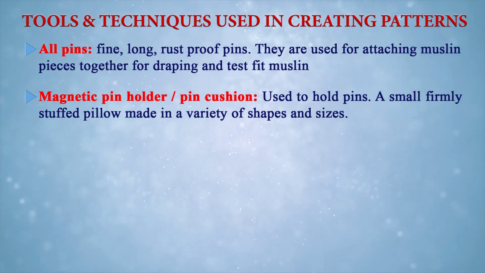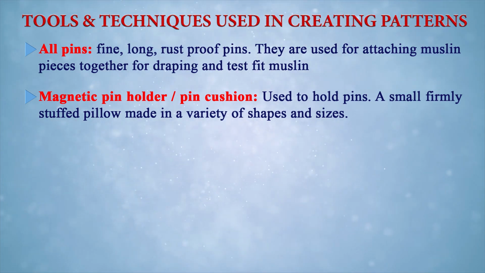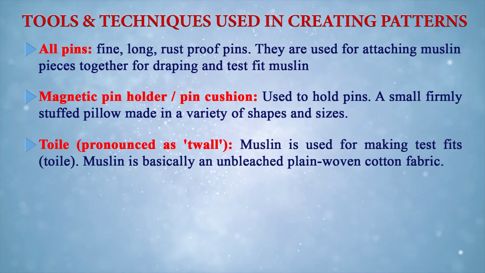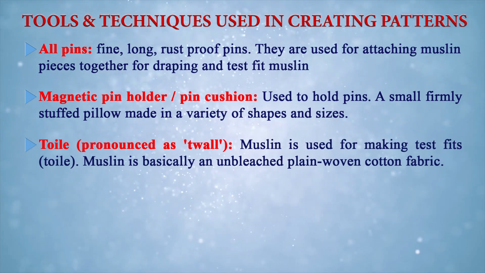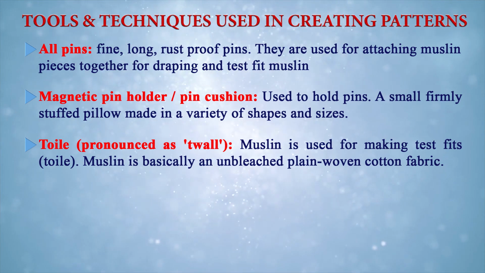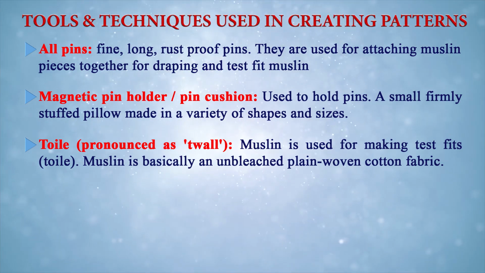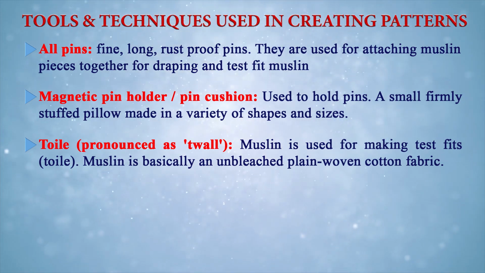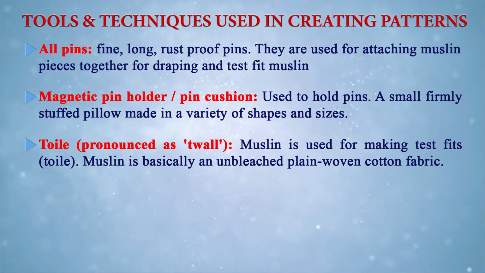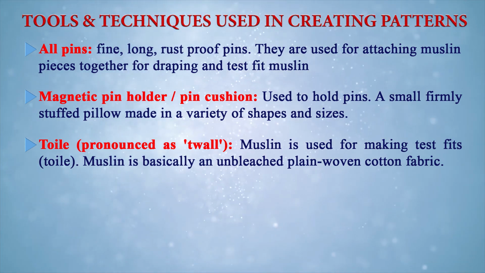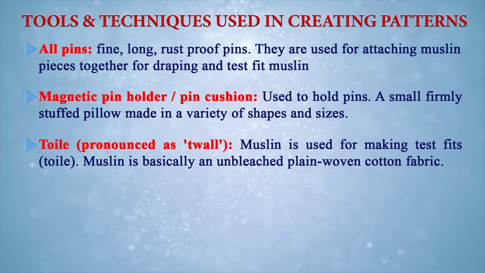Then there is one tool or term we use, the toil. So toil is the type of fabric we use for draping or creating a pattern. It is a type of muslin fabric which is used for marking and making test fitting garments.